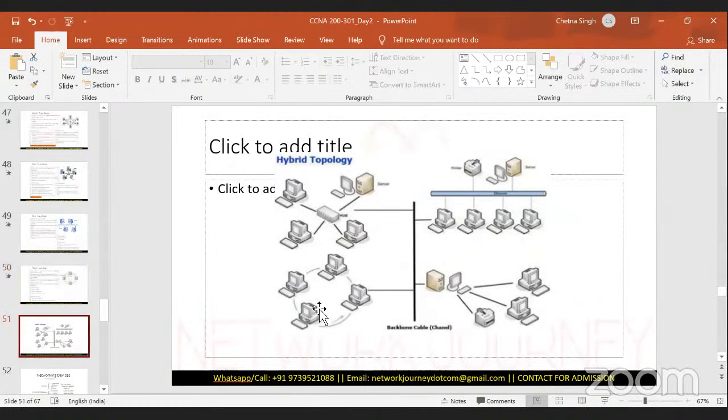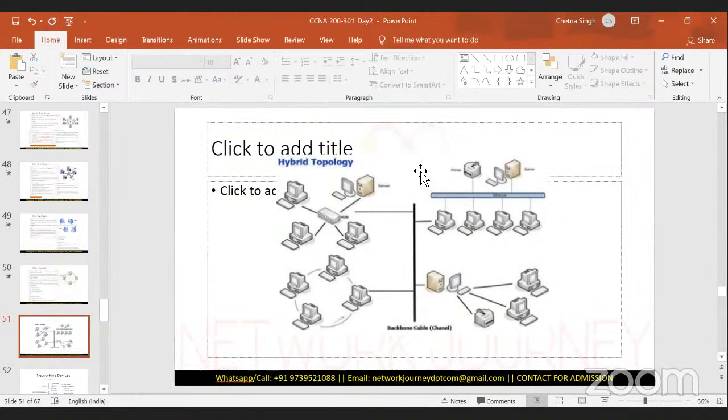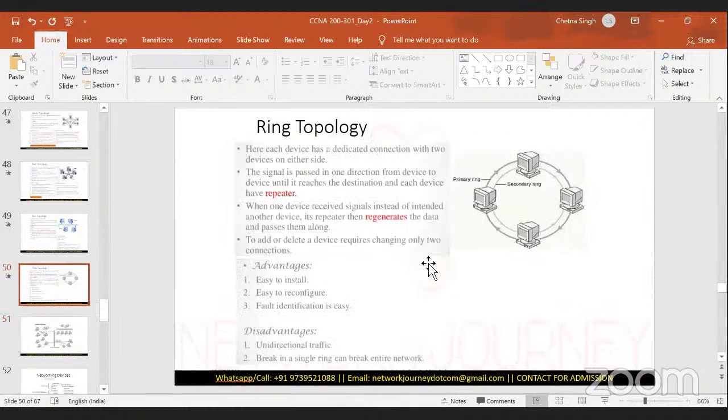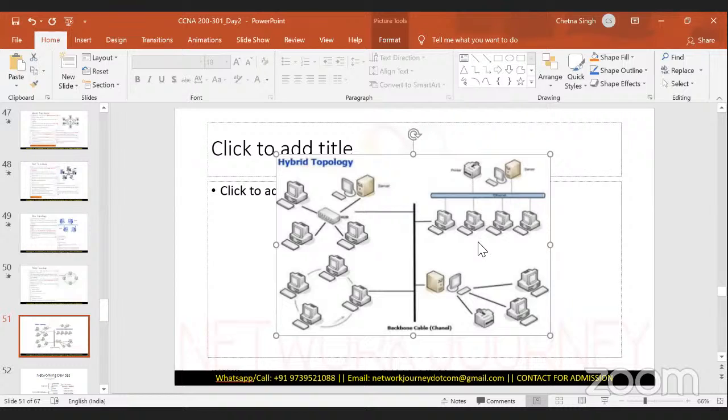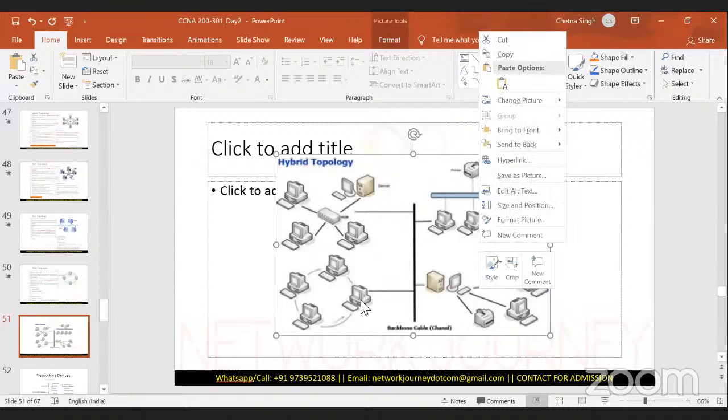In a practical scenario, we always have a kind of hybrid topology. You can see there is a star which is being kept. There is a backbone layer, and that backbone channel is normally an optical fiber technology. Then you see a bus topology which is being made over here.